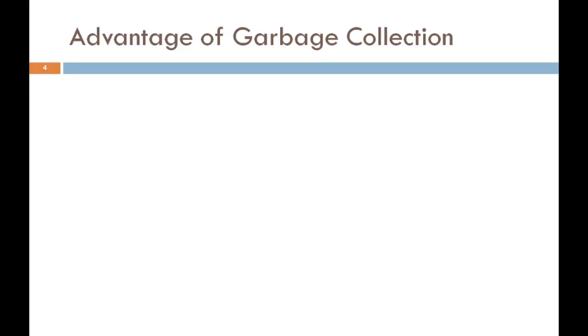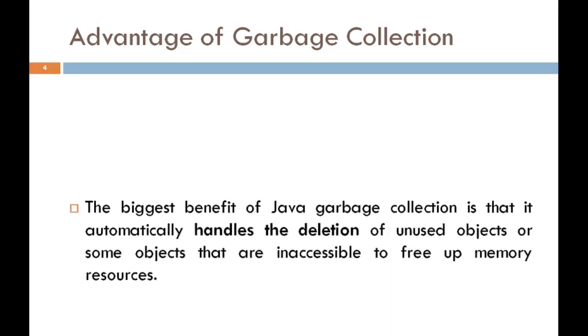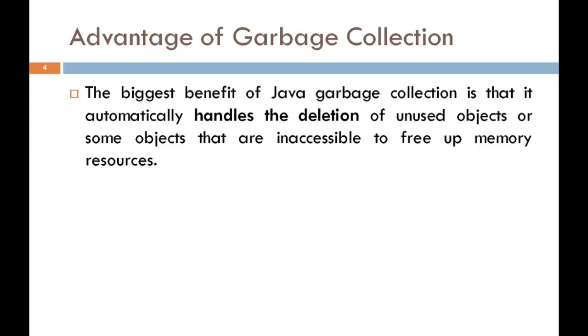Now, we discuss the advantages of garbage collection. The biggest benefit, or we can say the main advantage, of garbage collection is that it automatically handles the deletion of unused objects, unreferenced objects, or other objects that are inaccessible, to free up memory resources.